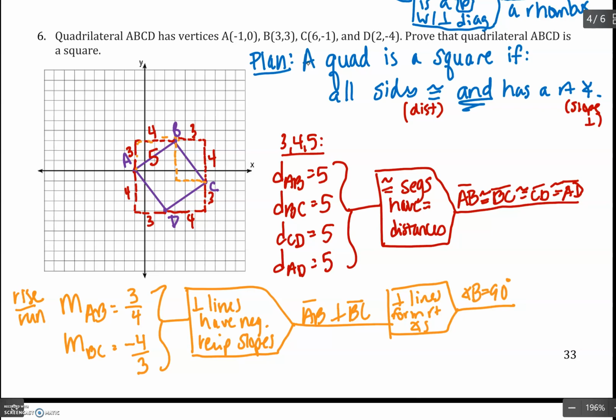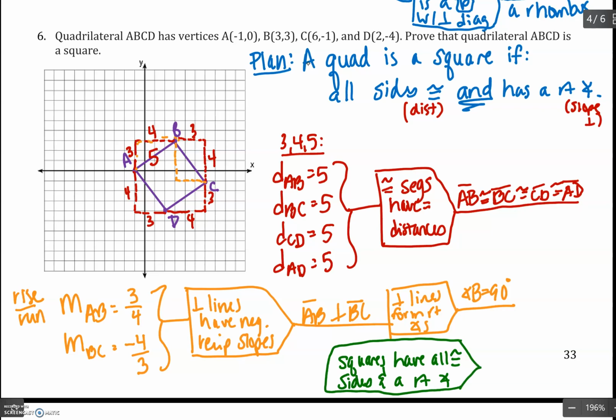So now if I have all sides the same and a right angle, it's a square. And I have right angle here and all sides congruent here, which means that ABCD is a square.